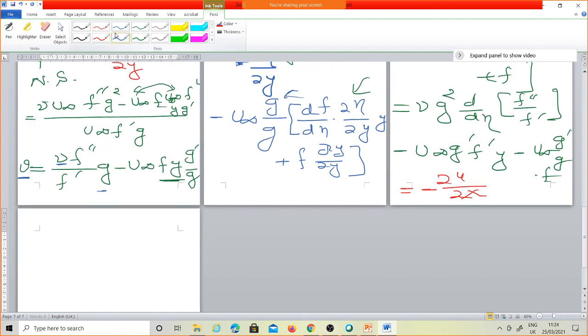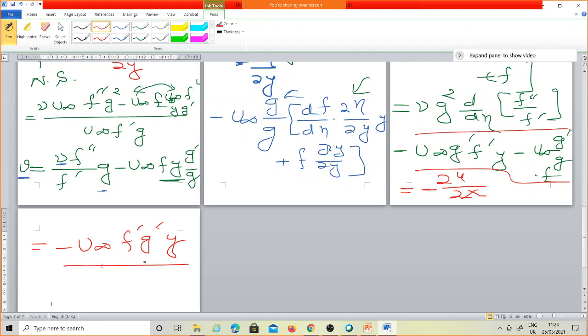Okay, so now what you need to do, you know already what del u by del x is. Del u by del x, if I am not mistaken, is minus u infinity f prime g prime y. So it means that this one is equal to this one, right? And you can see this part and this part will be cancelled out.